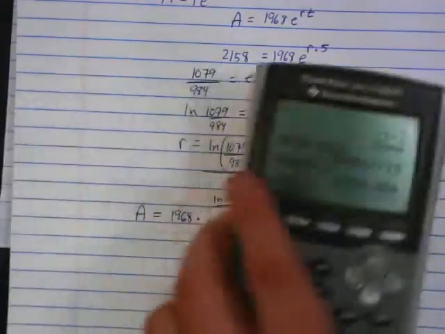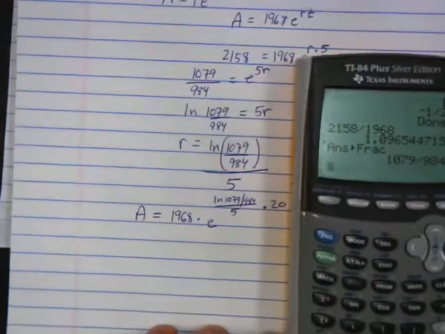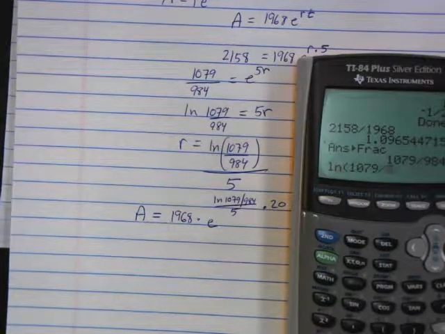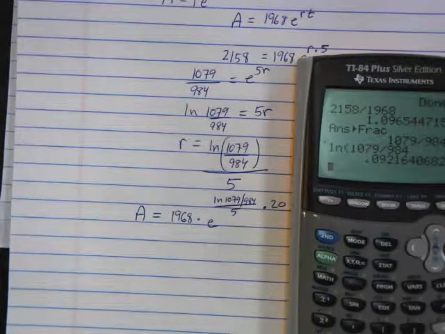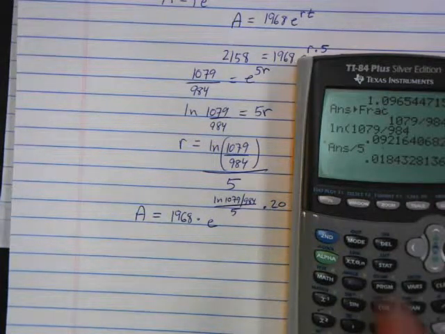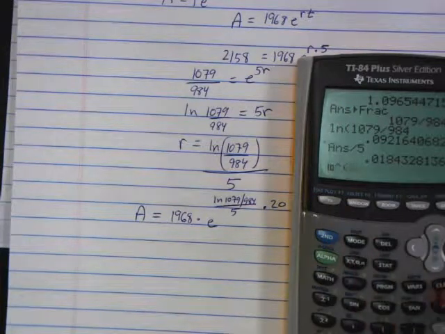So now I'm going to use my calculator. I'm going to take ln of 1079 divided by 984, and then I'm going to divide that by 5. And then I'm going to take e to that answer.